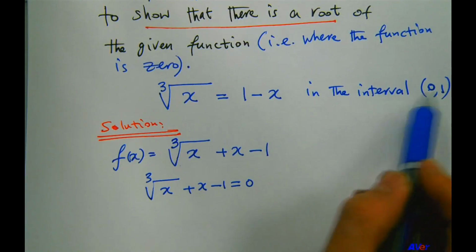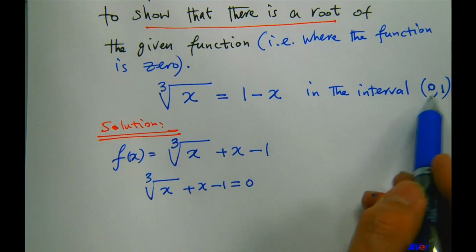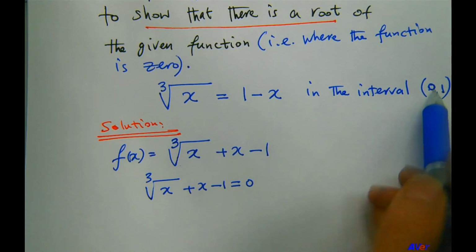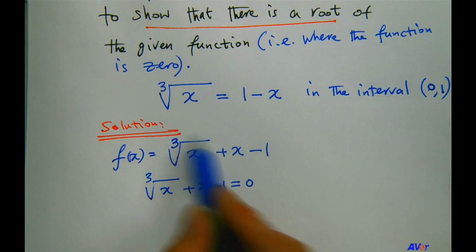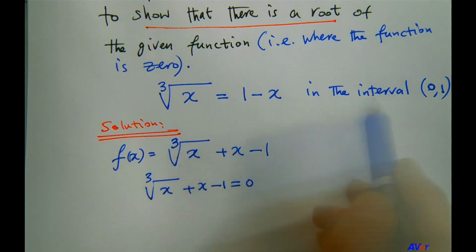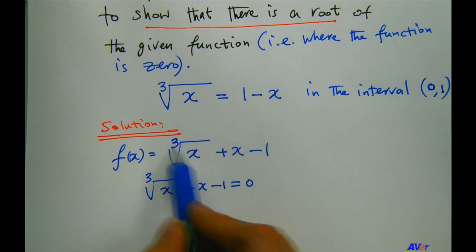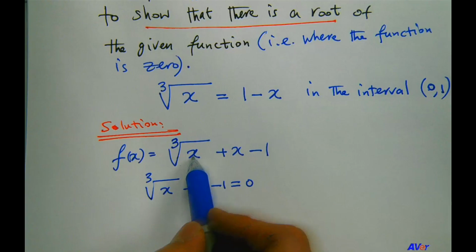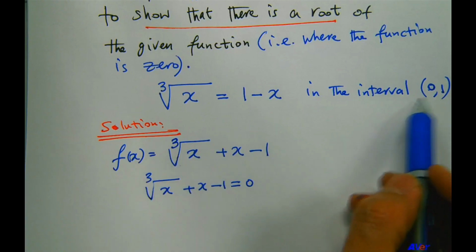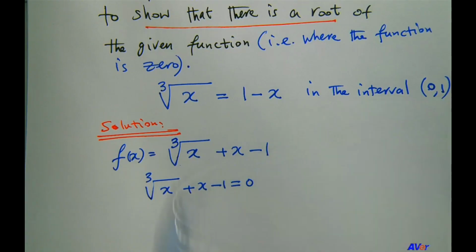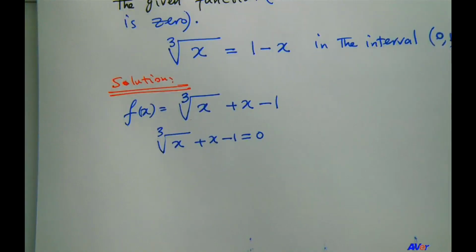is continuous over this interval, right? Because this interval, everything here is positive, and therefore this piece would be defined even if x was negative, right? Because this is the third root, cube root of x. So this function is completely continuous over this interval. So let's write that down.